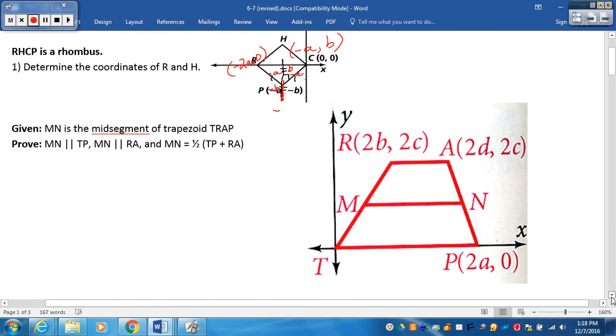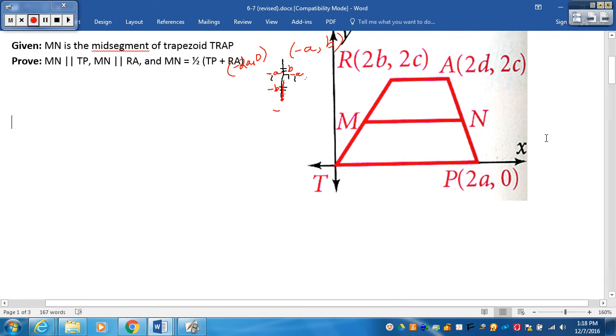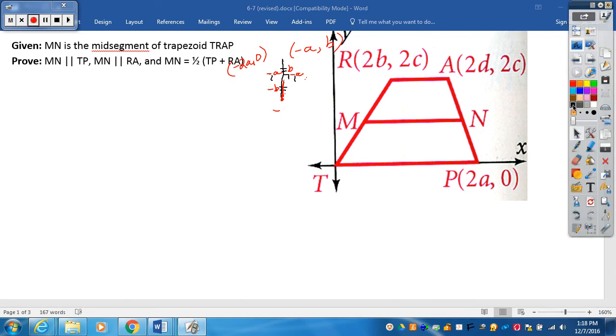Now from there, I want to go down and take a look at this next problem here, all right? Now here's what's going on in this next problem. We are going to prove that the mid-segment of a trapezoid, okay, produces a segment that is parallel to both bases.